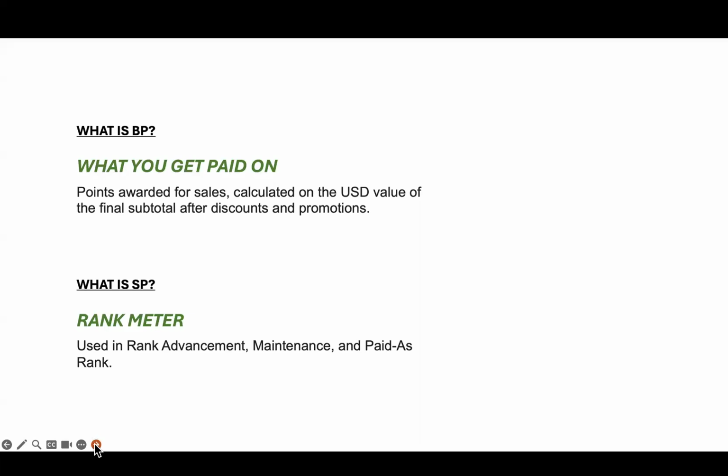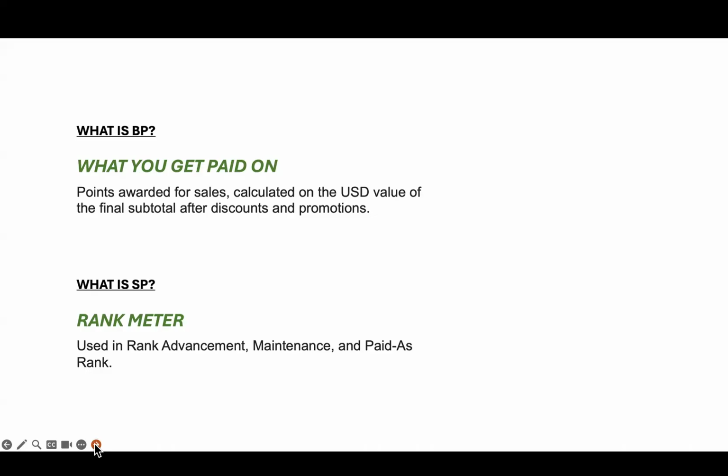Whenever you see BP, that's our money. Now, when you see on the other side something that says SP, this is called sales points. Consider this something like a rank meter or a savings account. It's used in rank advancement, accumulating points to get you to the next rank, which unlocks more money and more incentives.